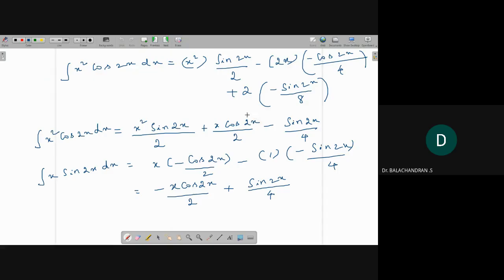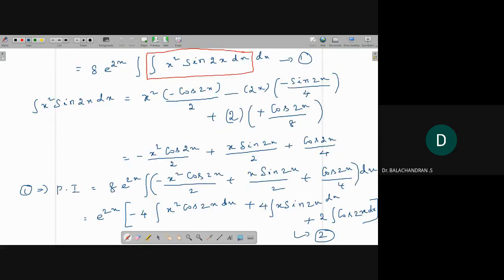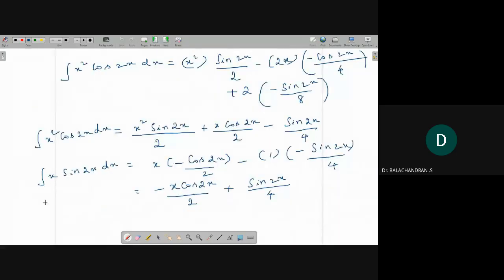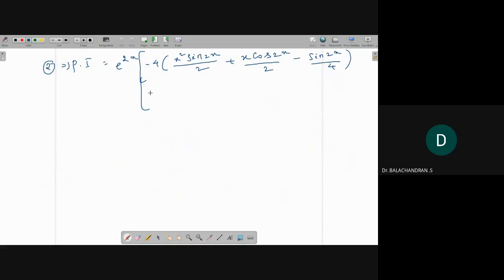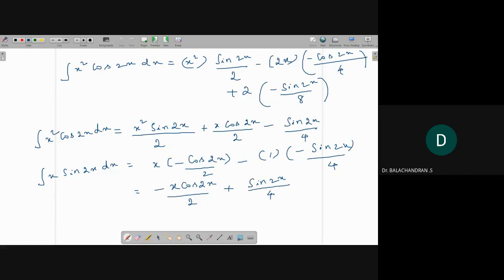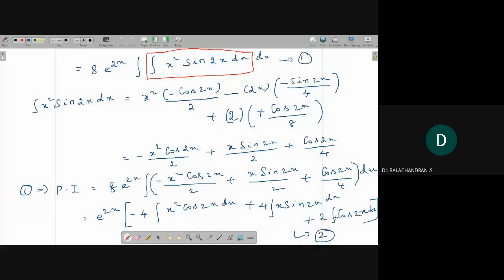And then plus 4 into these two terms, minus x cos 2x by 2 plus sine 2x by 4, and then plus 2 into integral cos 2x dx.